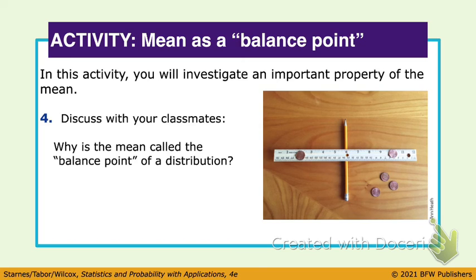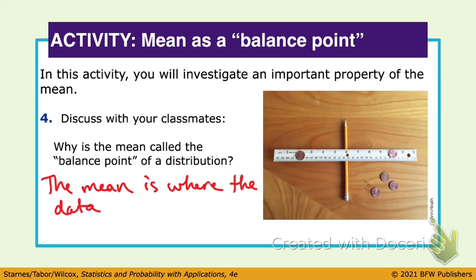So the mean is called the balance point of a distribution because the mean is where the data balances. So again, if you think about putting a graph on one of those little triangular fulcrums, and you think about how can I get this thing to balance, that is what it is.